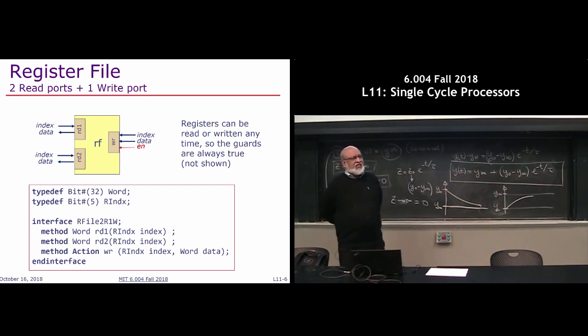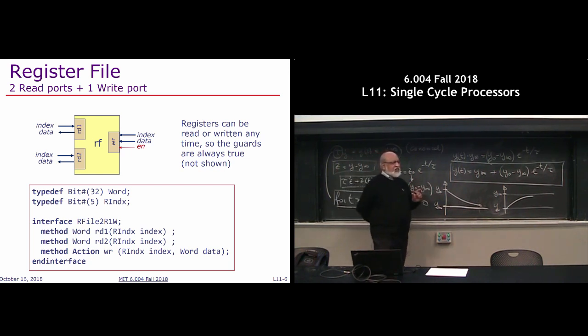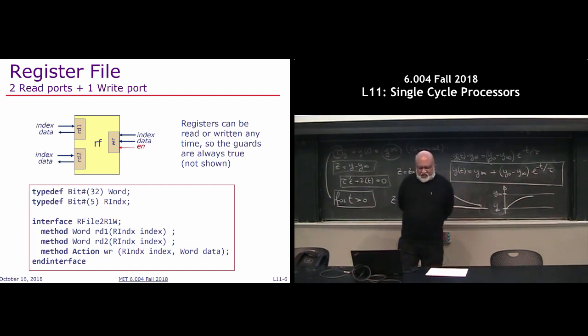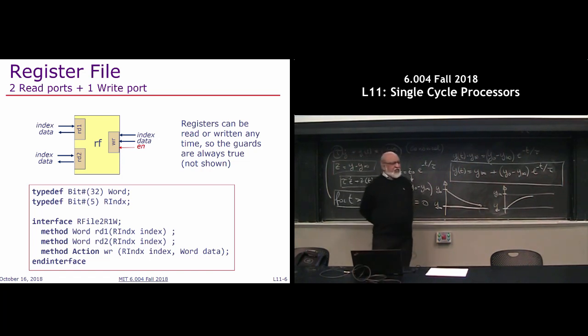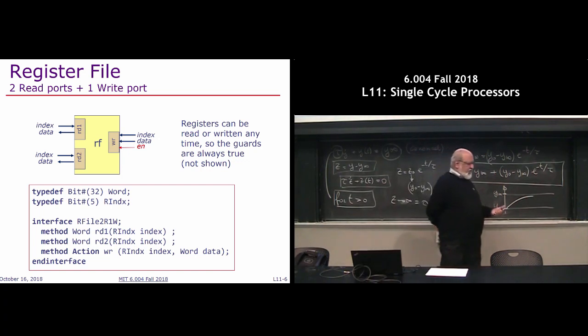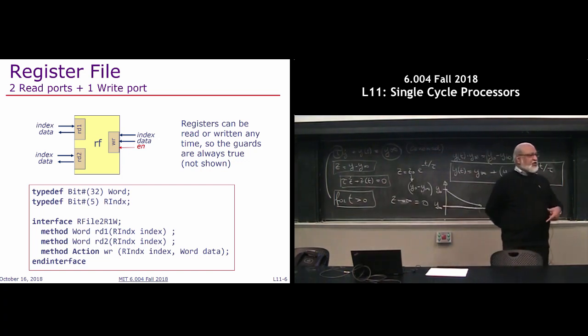So that's the index. And how big is the index? It's 5 bits because we have 32 registers. And this register file stores words, so the data being returned from it is a word as a consequence of the read operation. Similarly, for write, you have to give me the name of the register, the index, and a value to be written in.